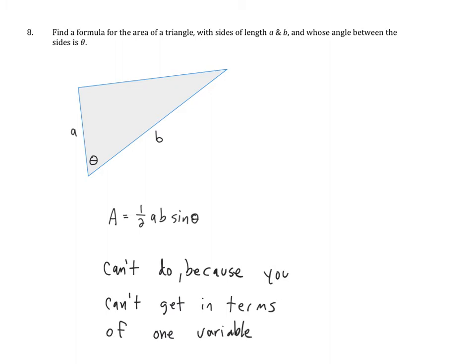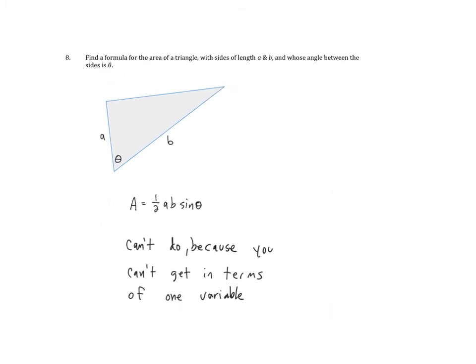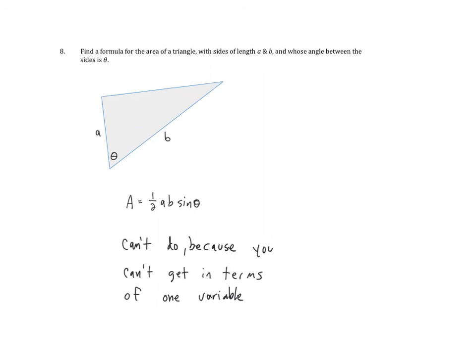Alright, so this is a mistake on my part. I must have just forgot to put the constraint in there, or that extra information. And if that ever happens, you can't solve these.